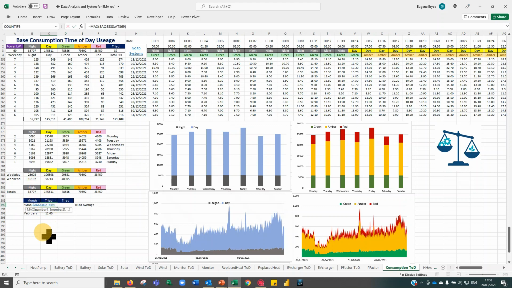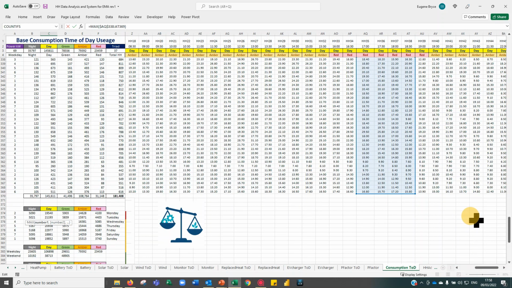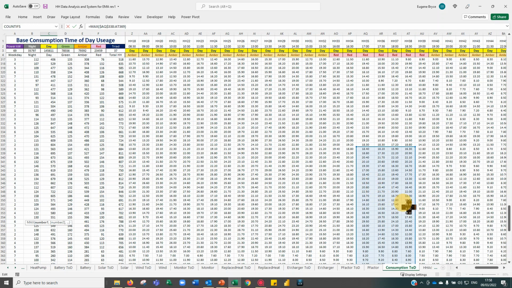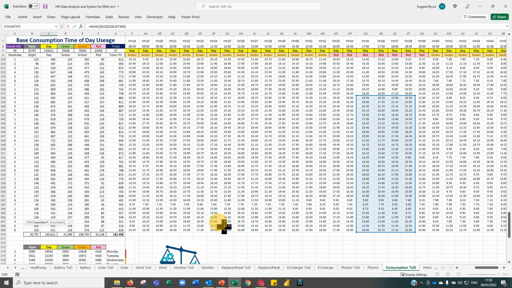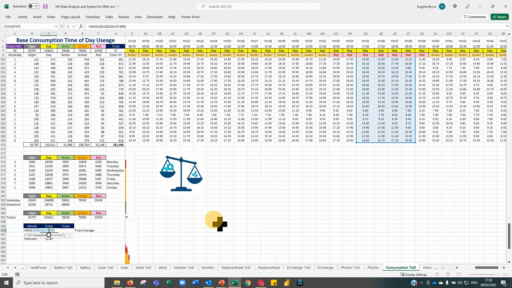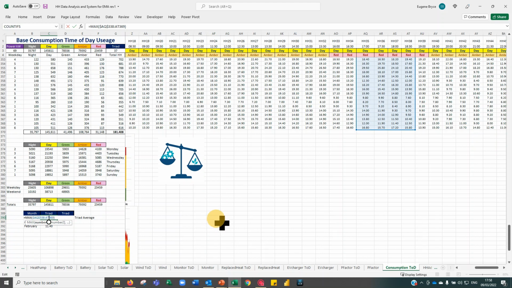I know that triads primarily occur between 5 p.m. and 7 p.m., so I'm just looking for the maximum in December, the maximum in January, and the maximum in February. So I know they'll all be separated by 10 days.